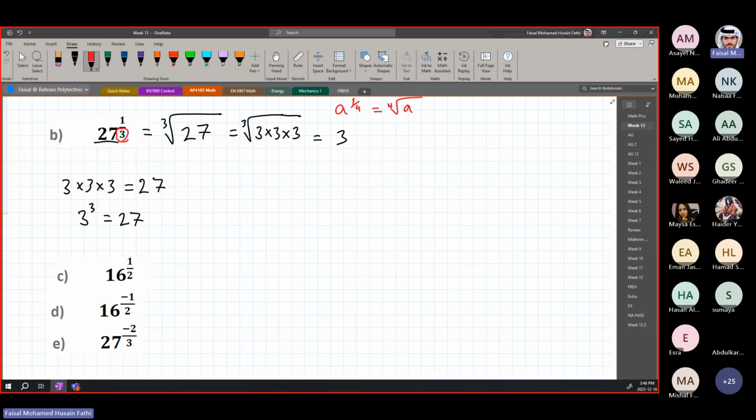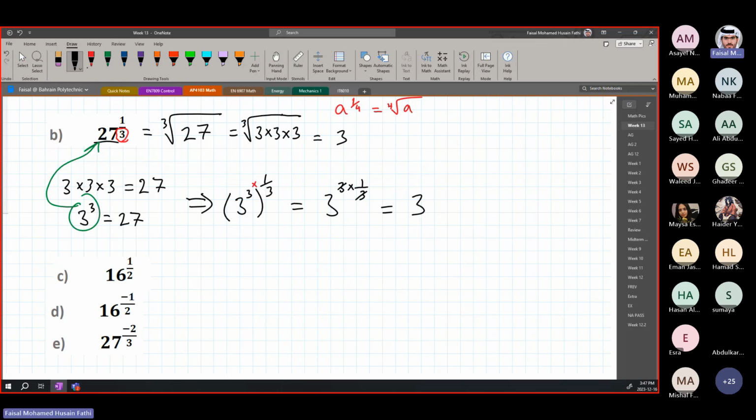So if we substitute this 3 cubed for 27 here, let's do it step by step. This is going to be 3 cubed to the power of 1 over 3. We know that we have to do multiplication here. And then this is equal to 3 times 1 over 3. You can simply cancel the 3s over here. So this is simply equal to 3.